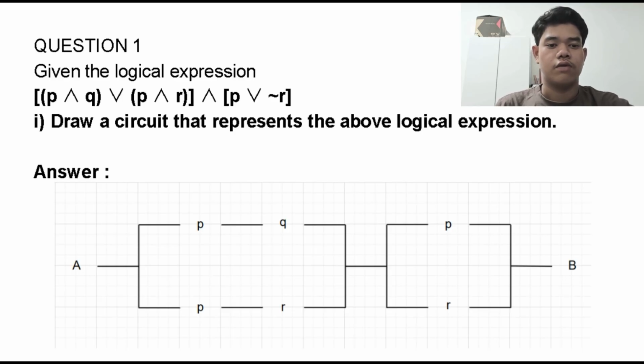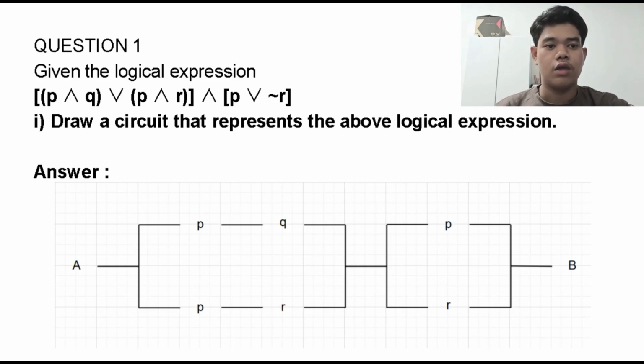Then we have to decide whether the components should be in series or parallel. After that we can draw the circuit from left to right following the structure of the expression.